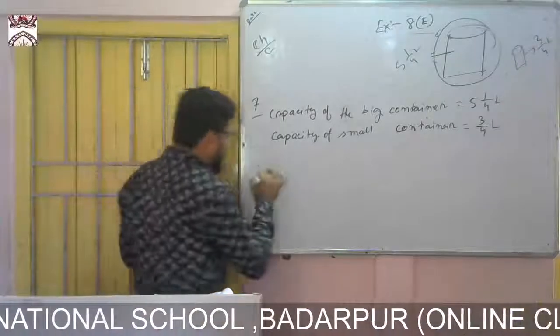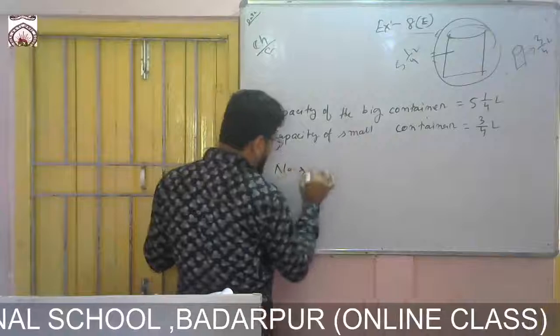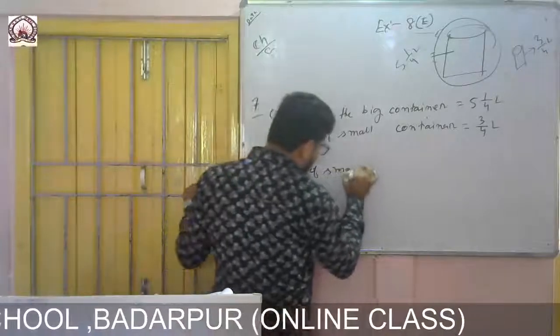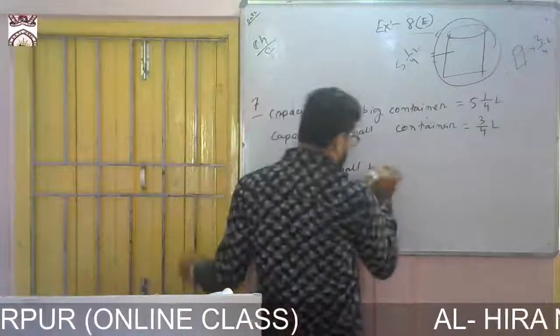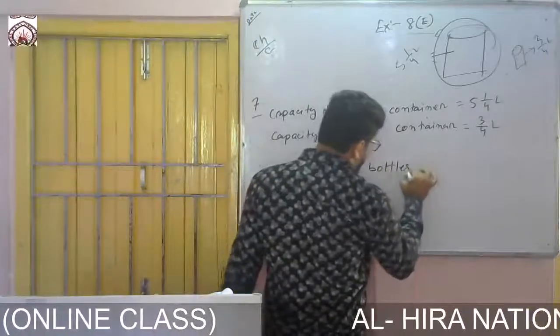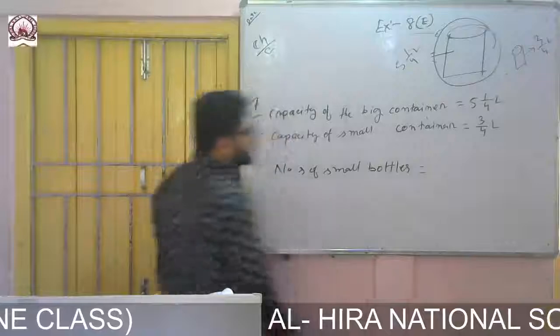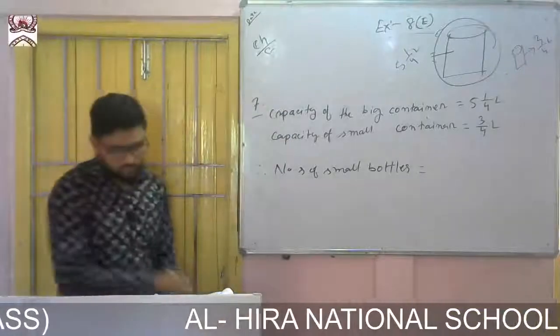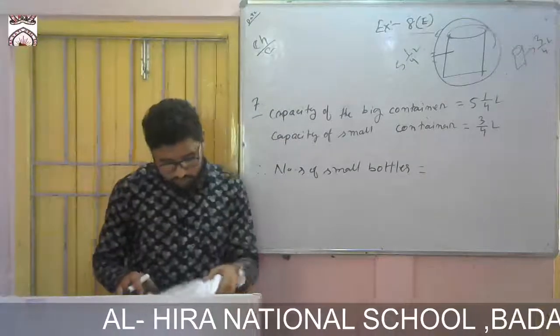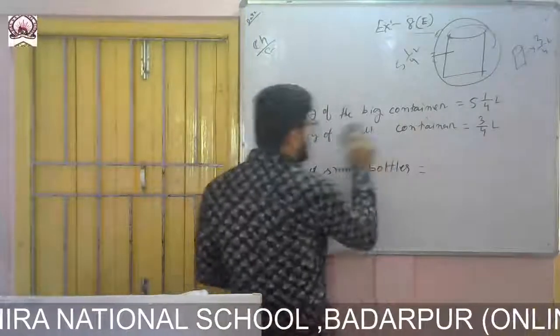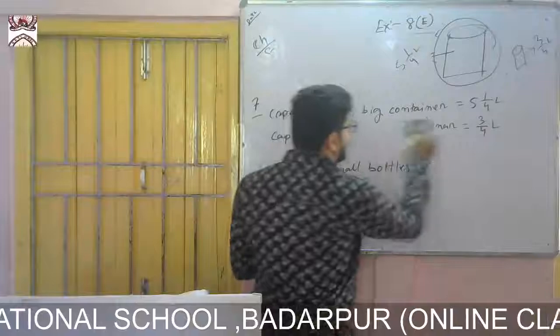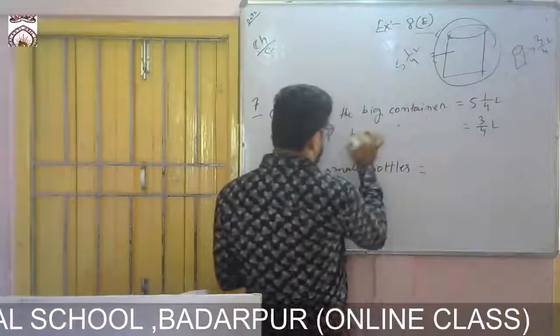So the number of small bottles needed will be a division. Don't write container, here it is given bottles.